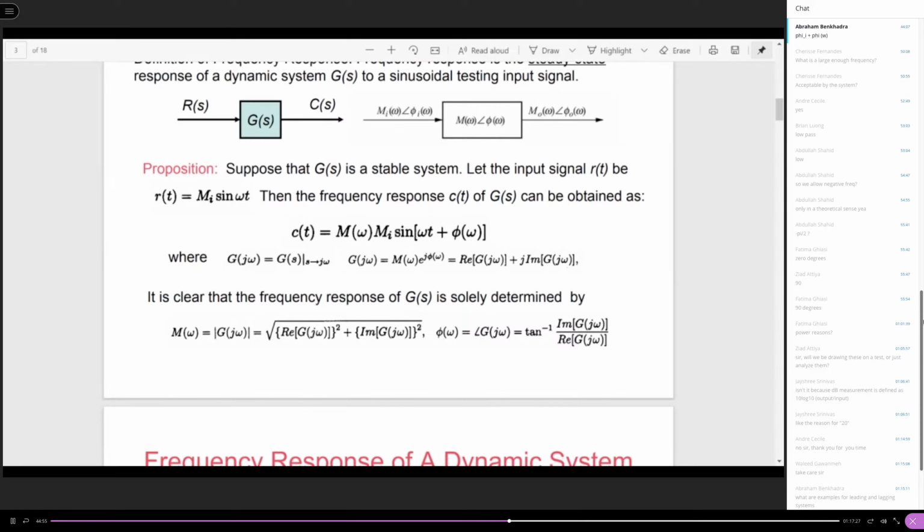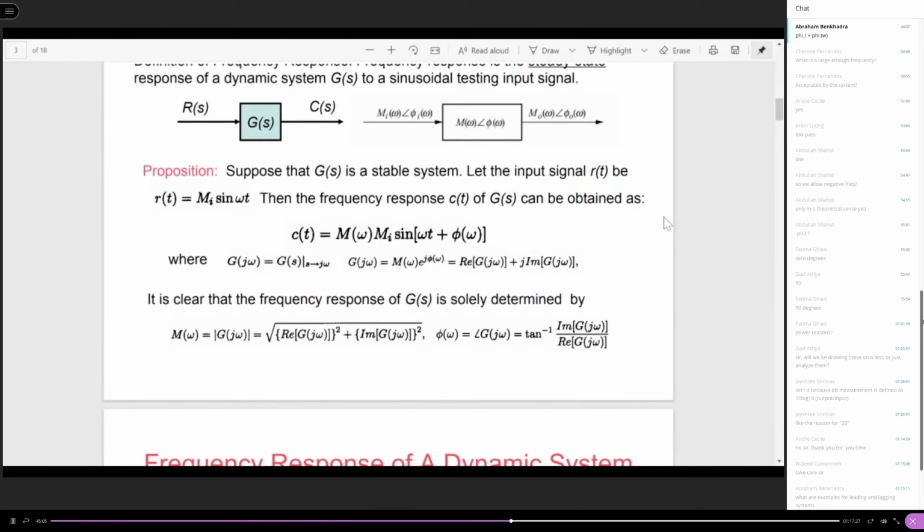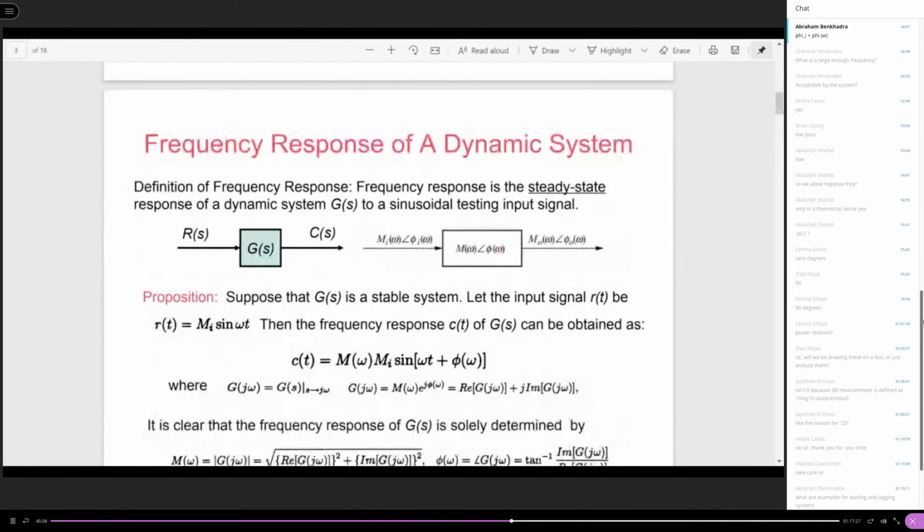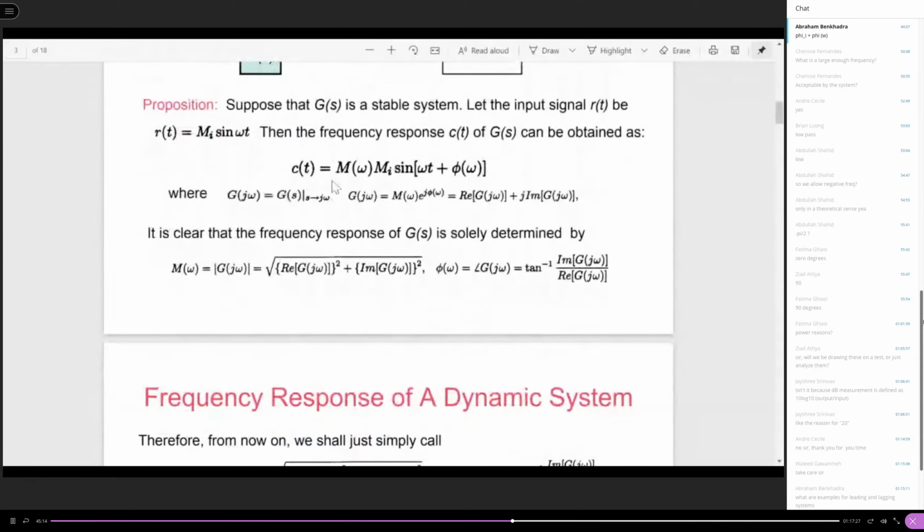Because of that, we can reduce the frequency response of a dynamic system from its signal case to M of omega and phi of omega.